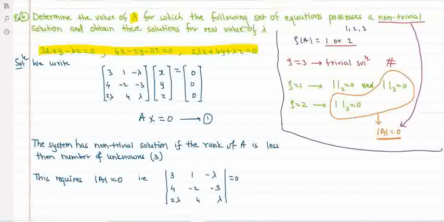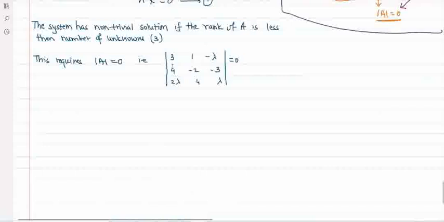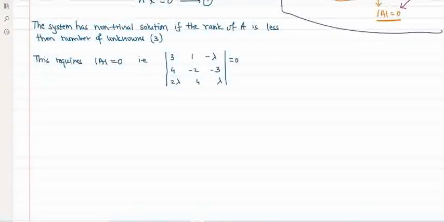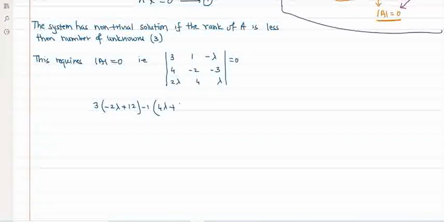So I will give 1 to 2 minutes, find the determinant. Suppose solving this determinant by first row, that is 3 into bracket minus 2 lambda plus minus 3s are 12, correct? Check the calculations. Minus 1 into omit the row and the column where the element is present, 4 lambda plus 6 lambda. 6 lambda.